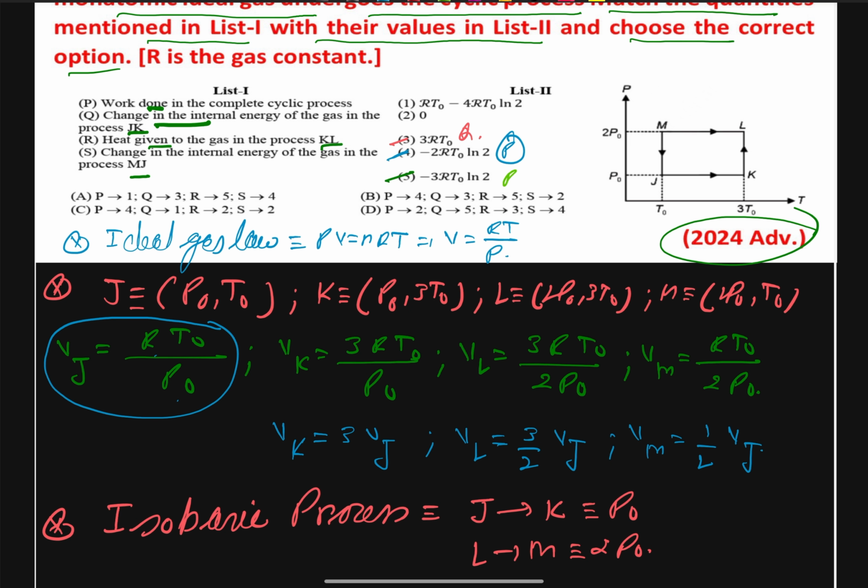And last is our change in internal energy in the MJ. Option S. And MJ, okay, MJ is isothermal, so change will be equal to 0.